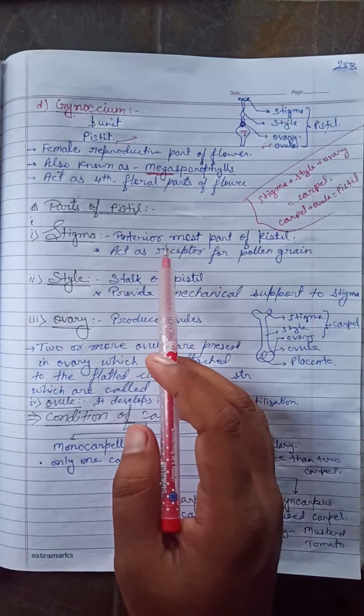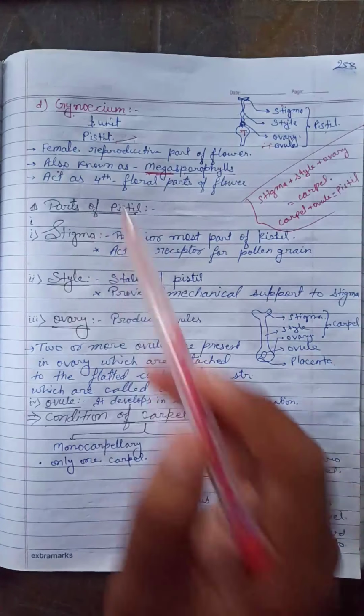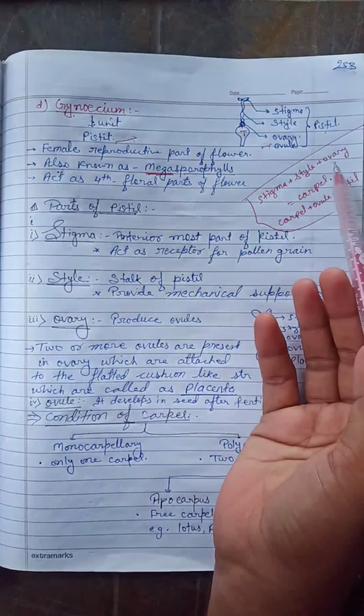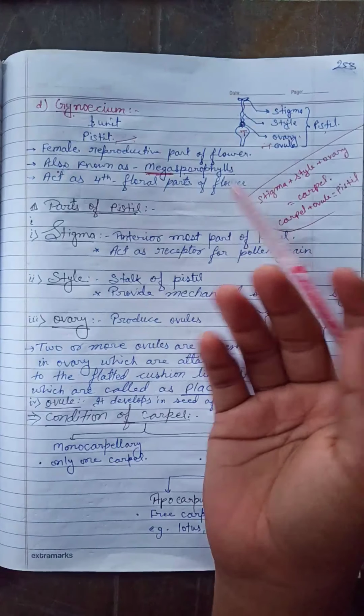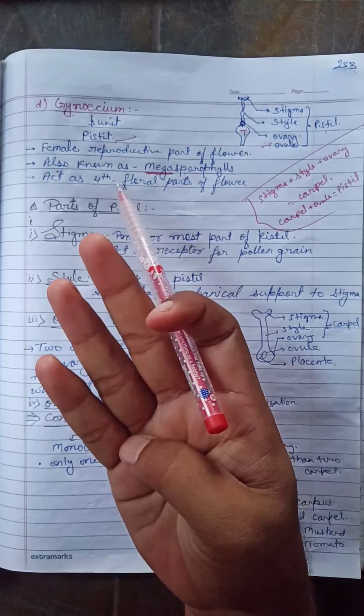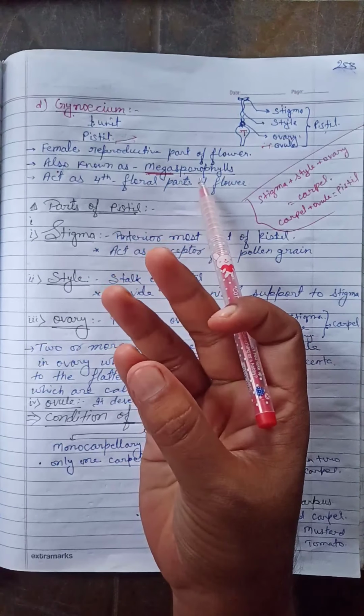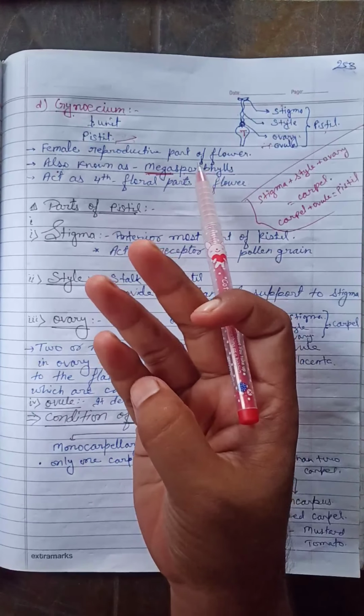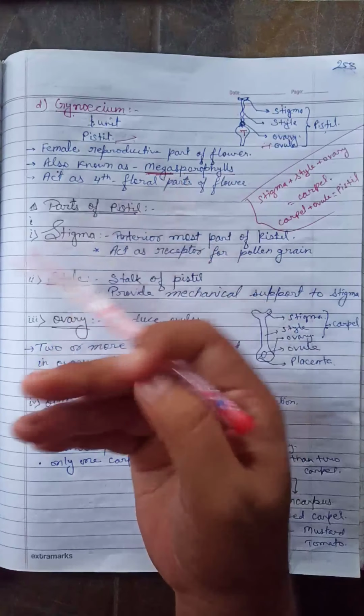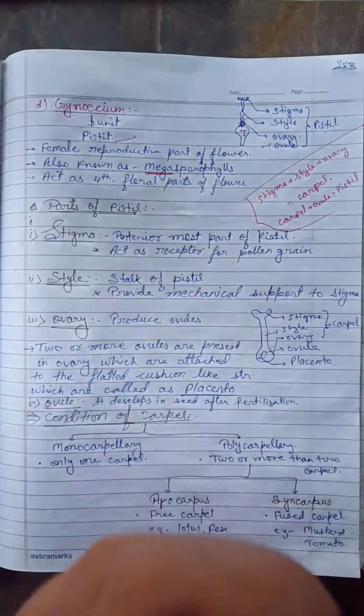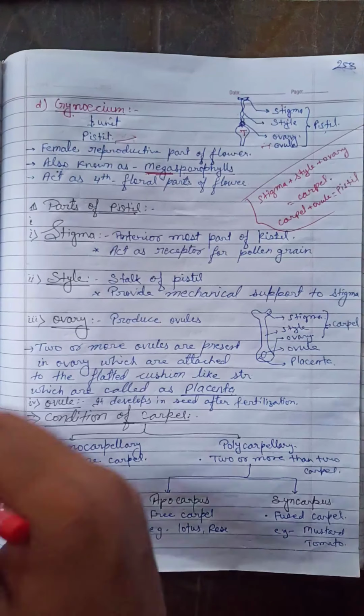That's why it's represented as mega. It acts as the fourth floral part of the flower. As I told you, there are four different types of floral whorls: first calyx, corolla, androecium and gynoecium. These are the four different parts of the flower.